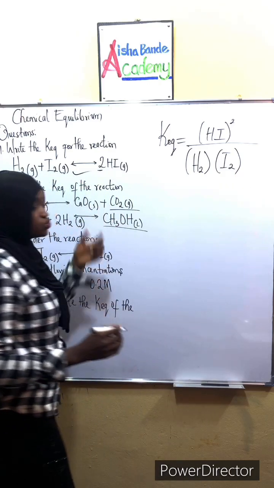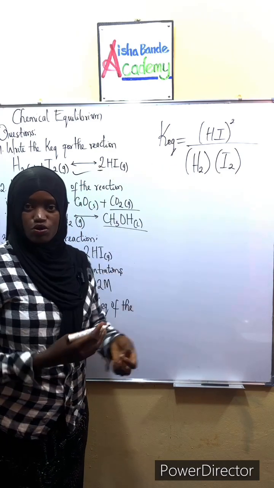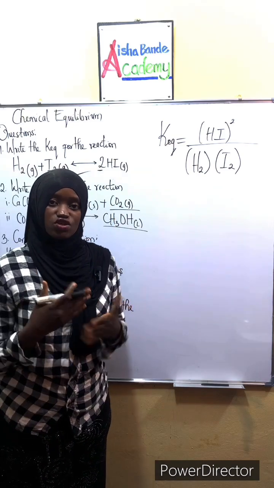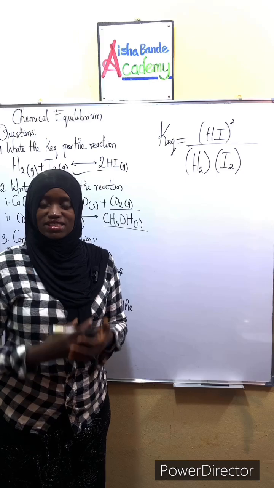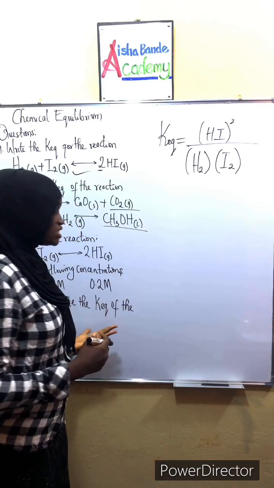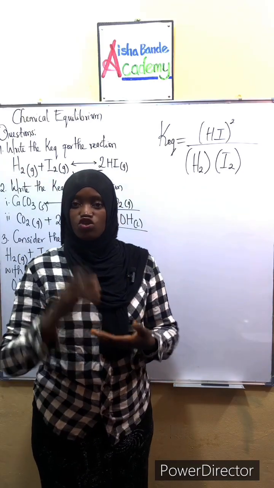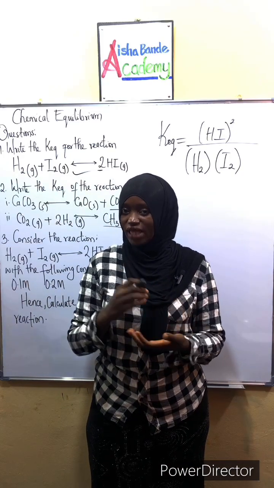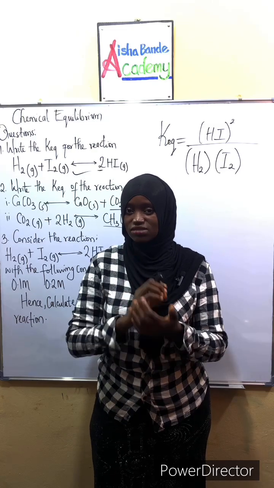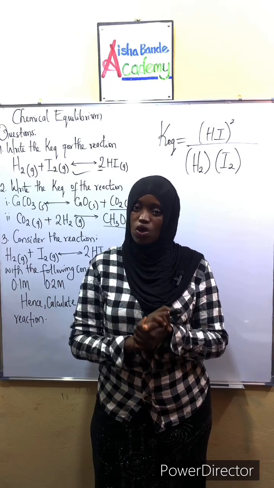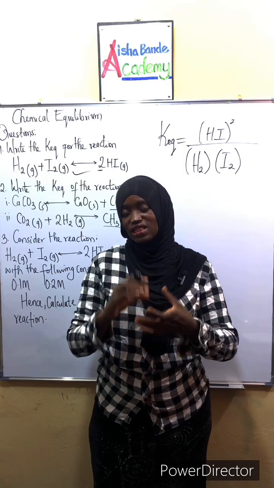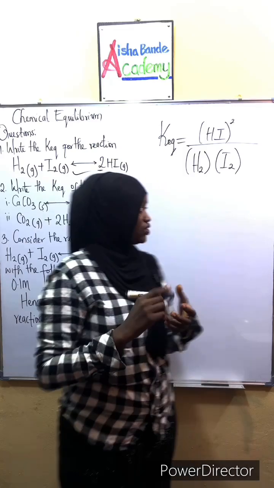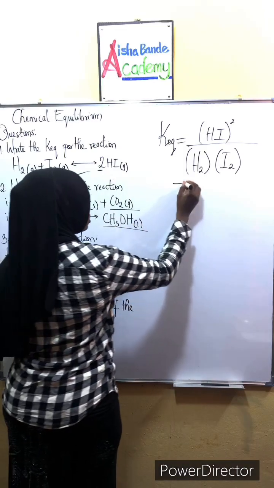Okay, so since we've written out the chemical equilibrium for the reaction, now we can move on by substituting the values of the concentration that has been given. Please kindly note that if you're given a question of this nature and your first step, which is the chemical equilibrium for the reaction, is incorrect, then the final mathematical answer you get will also be incorrect. So you have to ensure that the chemical equilibrium you're writing for each reaction is written out correctly.